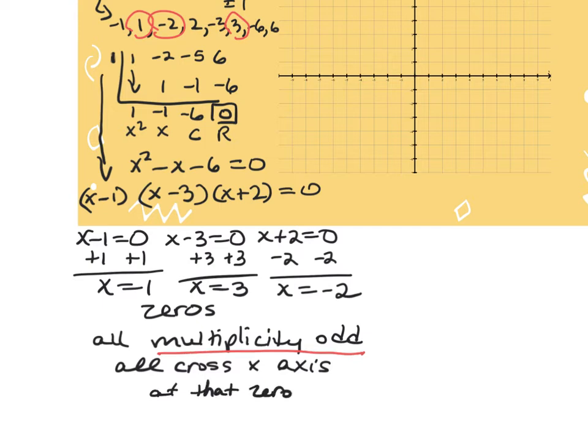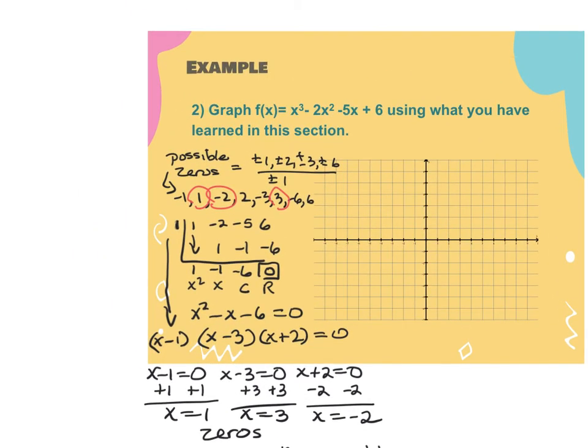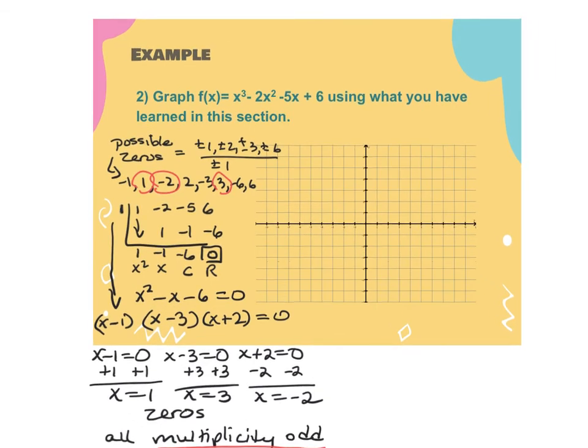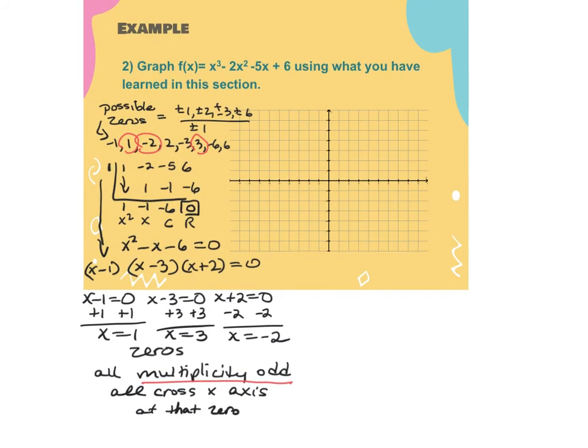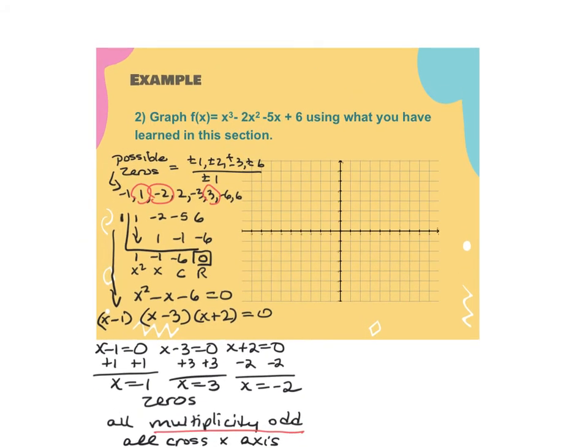All right, now let's find the y-intercept and our end behavior. Remember, your y-intercept is the constant here. So my y-intercept is the ordered pair (0, 6).